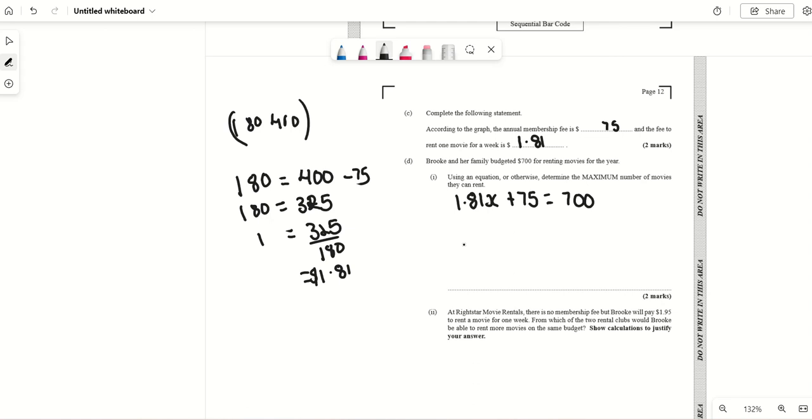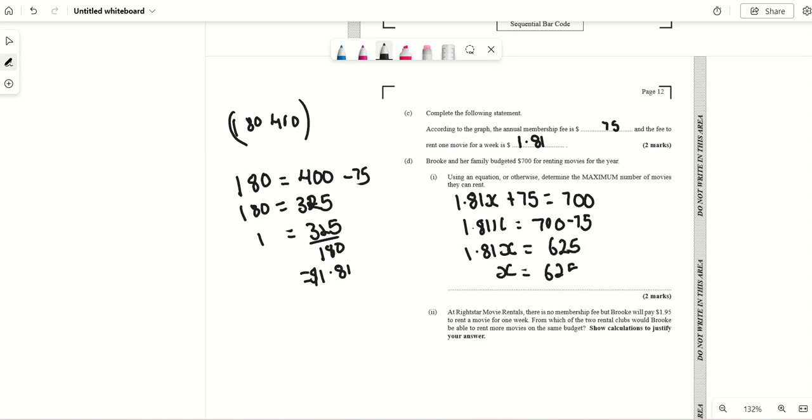So we're going to find x. 1.81x equals 700 minus 75, which is 625.